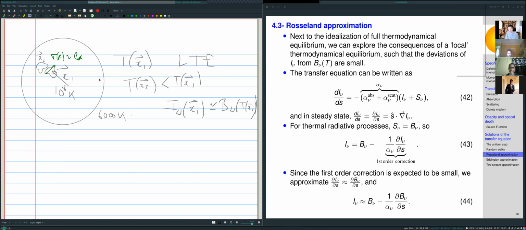Okay, thermal equilibrium requires equality of the temperatures. This is a condition for thermodynamic equilibrium to occur. We have mechanical equilibrium, which requires the equality of pressure. Thermal equilibrium requires the equality of the temperatures.